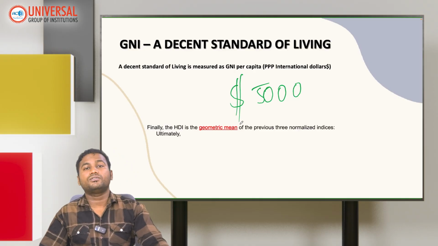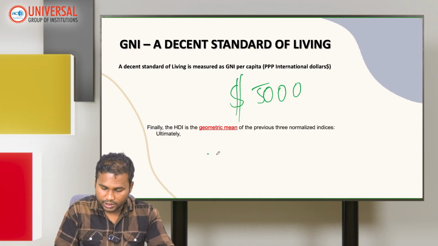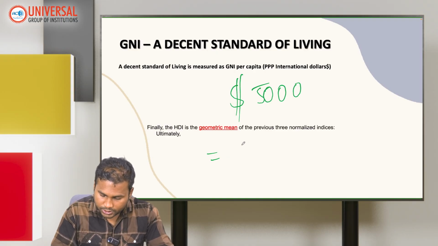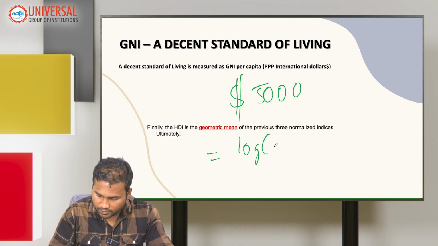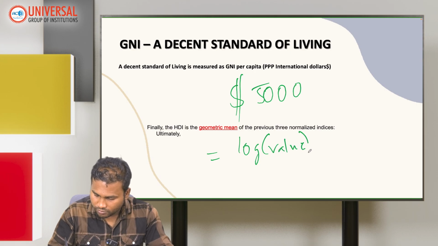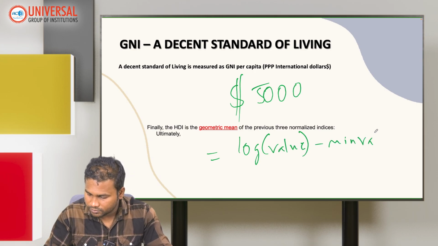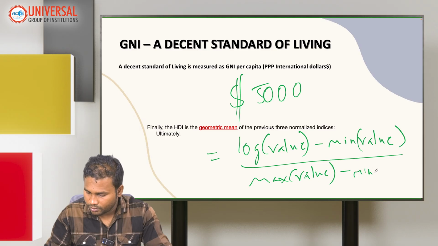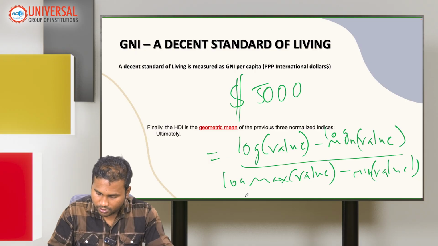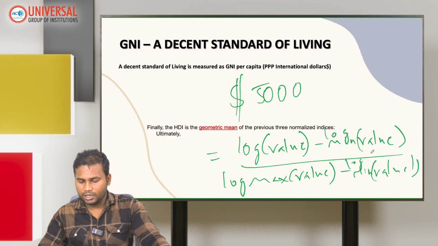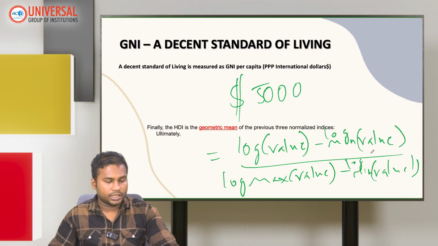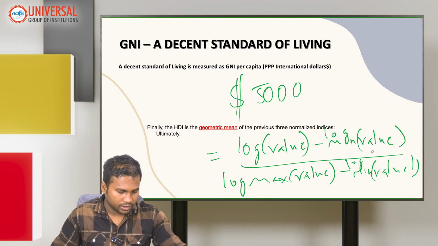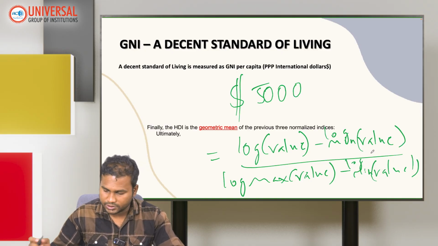We are going to use and apply the same formula. Here, instead of the actual value, we take the log of the actual value minus the log of the minimum value, over the log of the maximum value minus the log of the minimum value. Since we take logs, we arrive at this.